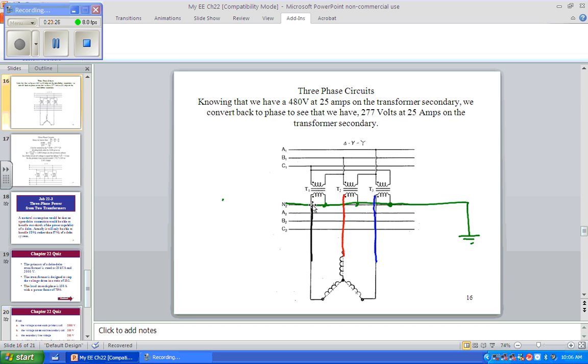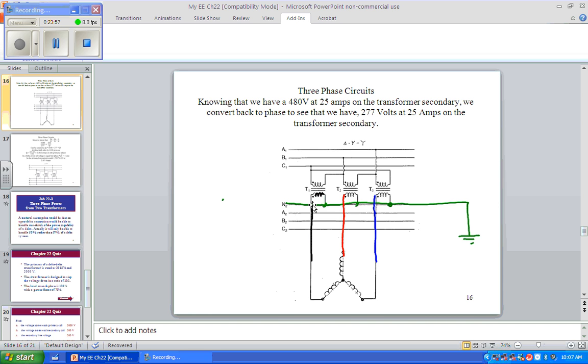And we can see that since the secondary is the same as the primary, the secondary of the transformer is the same as the load, the connection is the same, we're going to have the same voltage across the phases, so we're going to expect to see about 25 amps across the secondary windings. We're going to convert back to phase, so we can look at just the phase of the winding.